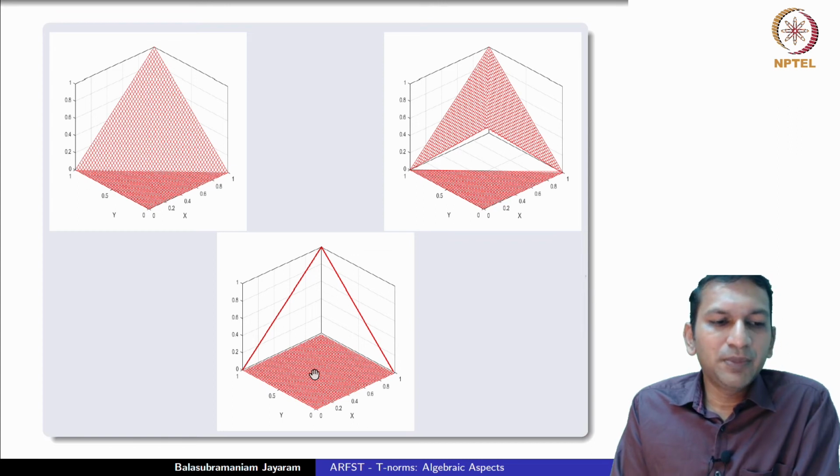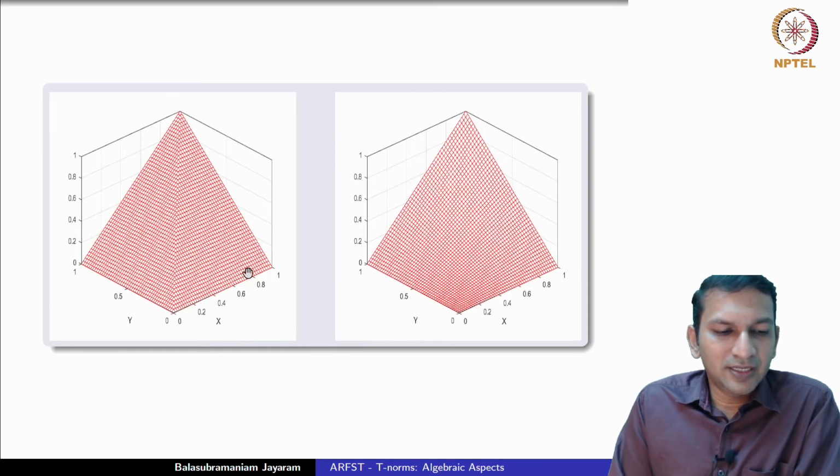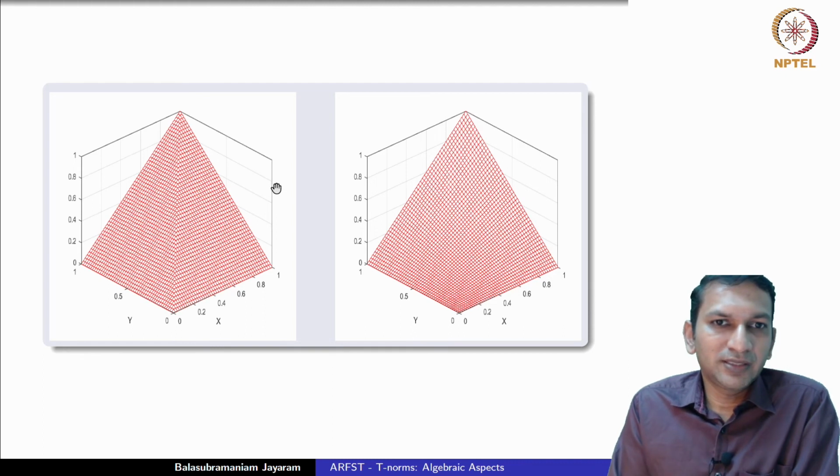What about minimum and product? Well, they are 0 only on the boundary, but if you look at minimum, because every element is idempotent, from that point onwards it actually becomes a constant. So say 0.4 is an idempotent element, it increases till 0.4, but as we have seen a few slides earlier, from 0.4 to 1, T of 0.4 comma x, when x goes from 0.4 to 1, is actually a constant at 0.4.